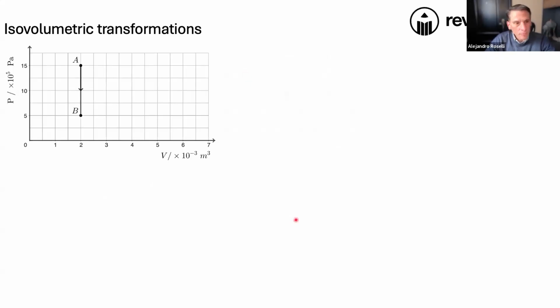We'll see. Okay, we have a situation involving a transformation of a gas that starts at A and goes down into B. Now, there's no particular reason why I have chosen this graph to move downwards. I just needed to choose one of them, and I chose this one. So pressure is going down, okay? So things that we need to understand about any isovolumetric transformation, in particular this one in which the pressure is going down.